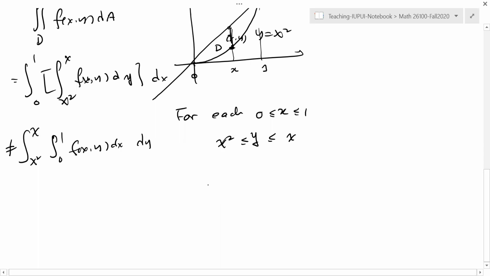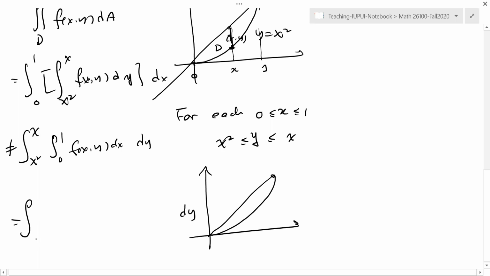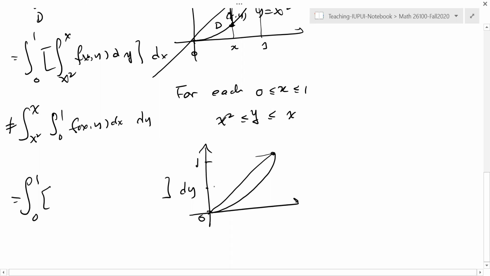So let's repeat the same picture here. Now this time we're going to put y outside. For the y variable, look at this. The upper bound will still be 1, the lower bound 0, so 0 to 1. Then for each y, let me repeat again.